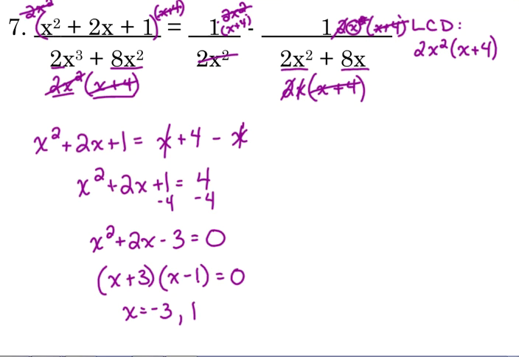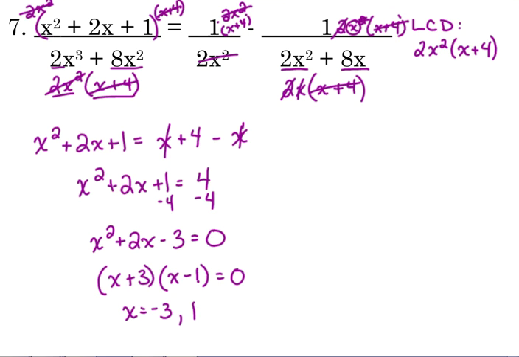Here's where what I was saying earlier will help. In terms of answers that get thrown out, 99% of the time, or actually probably 100% of the time, they get thrown out because they make at least one of the denominators equal 0.